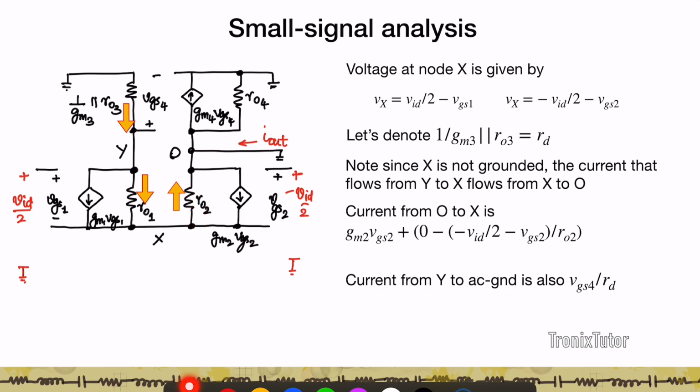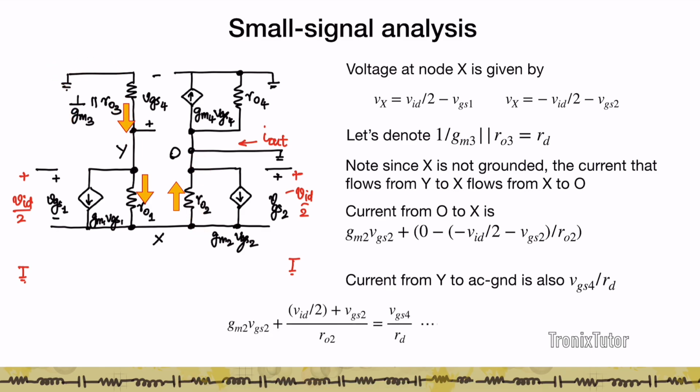This current flowing from 0 to X flows up, and then flows from Y to 0 again. So this current is equal to this current, which gives me the relationship Gm2 VGS2 plus (VID by 2 plus VGS2) by RO2 equals VGS4 by RD. So here is one relationship between VGS2 and VGS4.